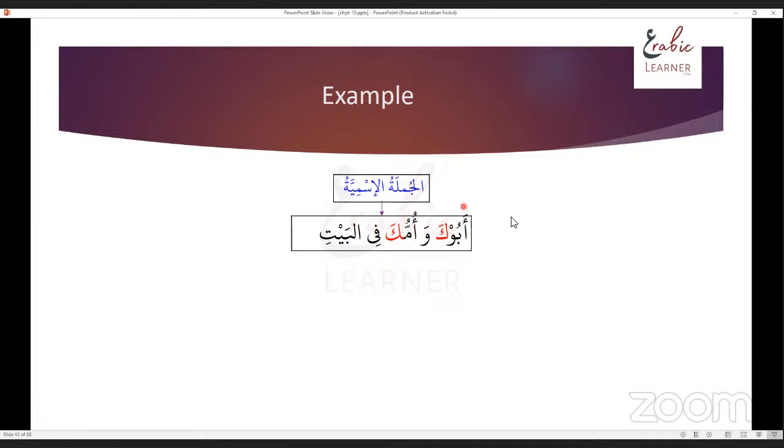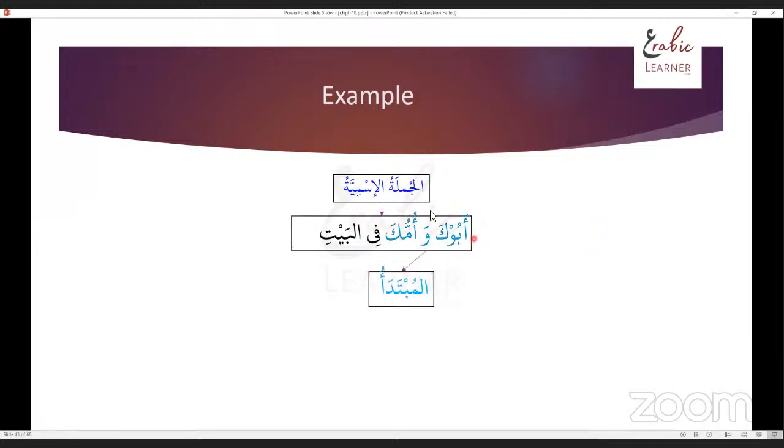This is jumla ismiyah. What is mubtada here? What is mubtada here? Father and mother. Abuka wa ummuka. This is the mubtada here. The whole thing is mubtada. But okay, what is again? Abuka is mudaf, so it is ma'rifa.